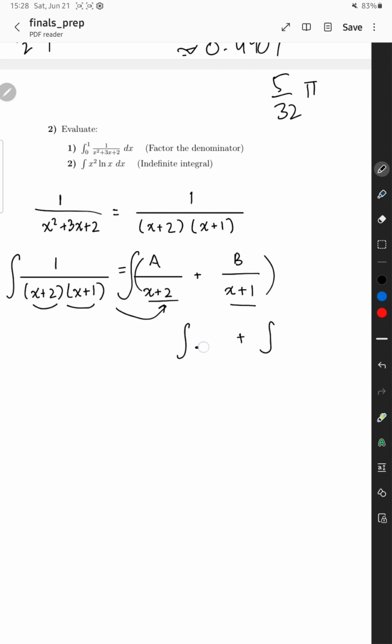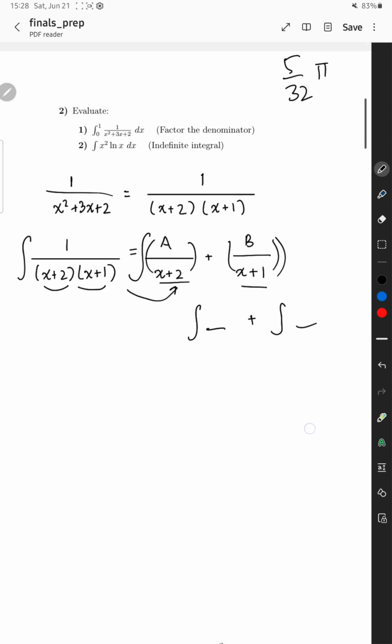Now, once you get these two parts, it means solving for a and b. Once you get these a and b, which are only constants, but you need to still figure out the exact values, the integral of 1 over x or some linear expression like x plus 2 is natural log. So you can simply solve this in that fashion. That is why partial fractions are really important tools to be used.